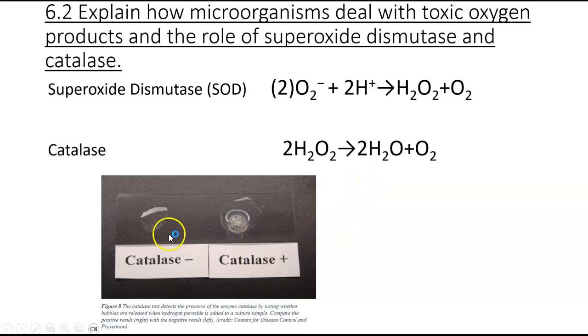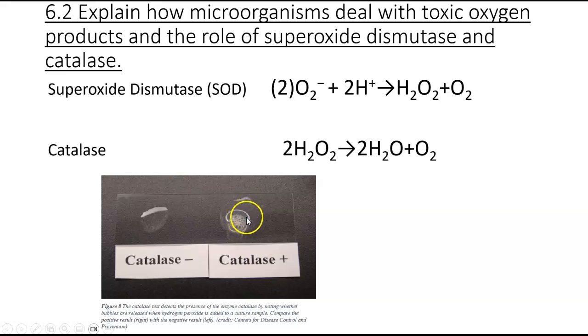So here's an example of a test that detects the presence of catalase. You're going to do a virtual unknown this semester, and I think there's a catalase test in that. So what they did here is they took a slide and put some bacteria in two little spots. And then they put a drop of hydrogen peroxide on it.